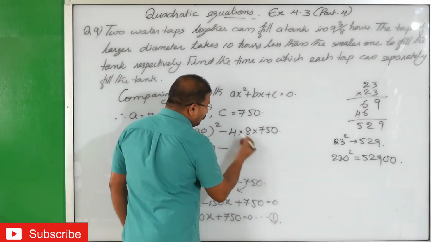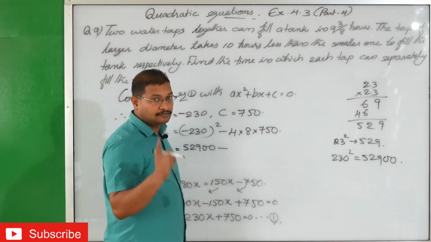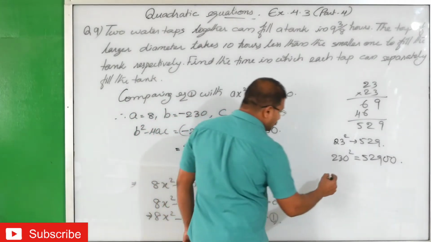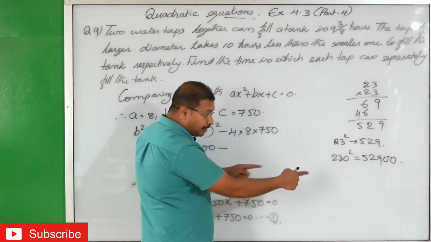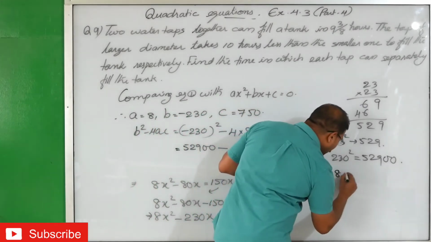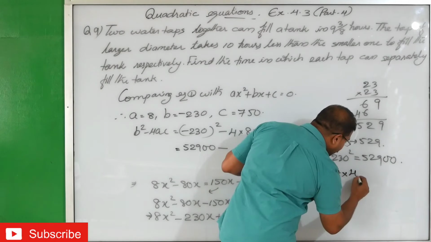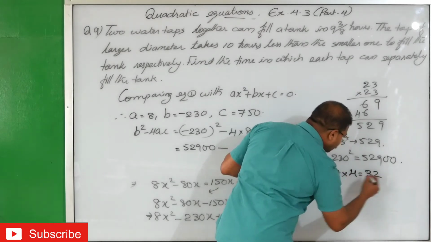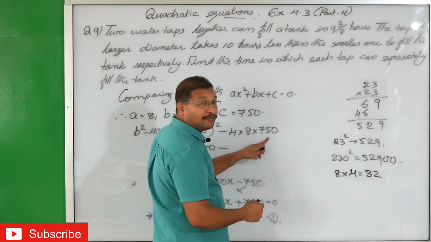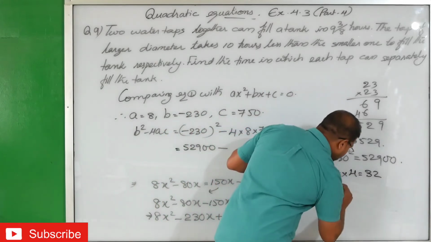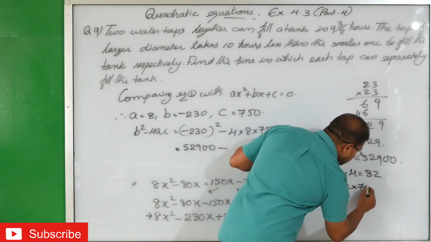Yes. 4 8s are 32. That means 4 into 8 into 4, 32. After that, into 750, that means 32 into 750.